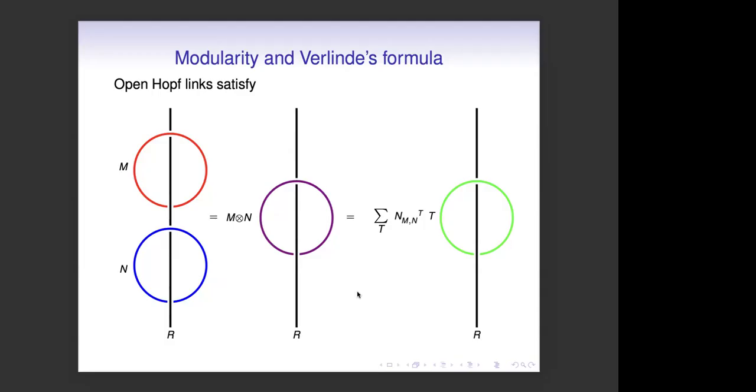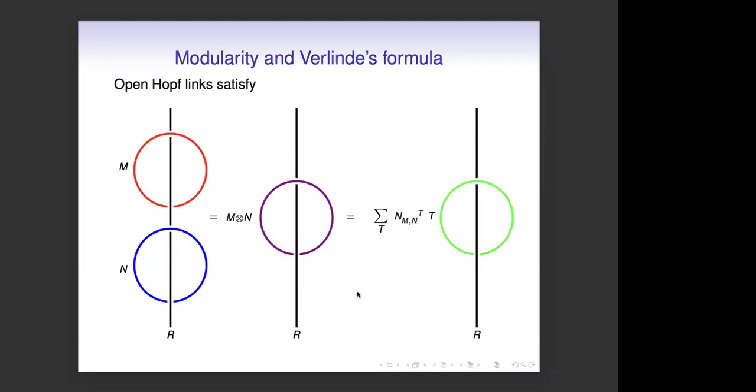The rules of graphical calculus tell you that this is the same as taking the open Hopf link with the tensor product. So this formula holds: the composition of two open Hopf links is the same as the direct sum over the fusion coefficients of the open Hopf links that appear in the tensor product. In particular, now I can close the left and the right of this formula.